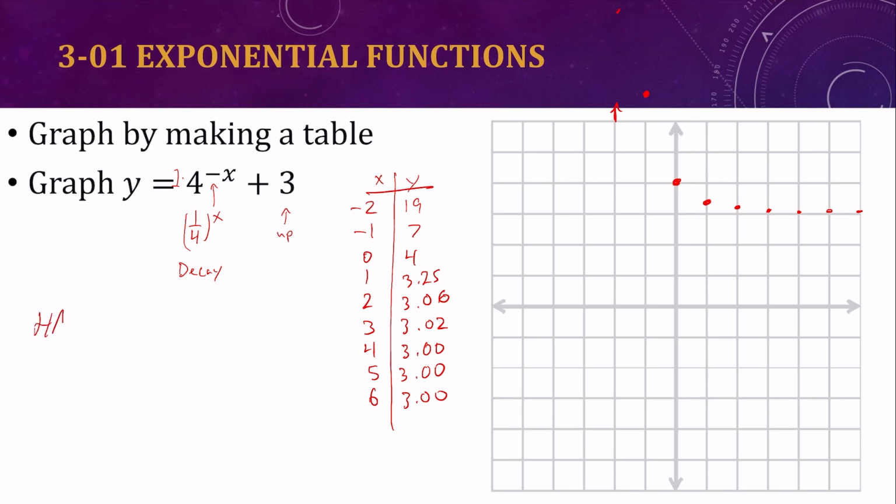Our horizontal asymptote was y equals k. Here k is 3, so we should have an asymptote at y equals 3. So let's go ahead and put that on our graph, and notice our graph goes down towards it. So it comes down, curves, and goes right along that asymptote.